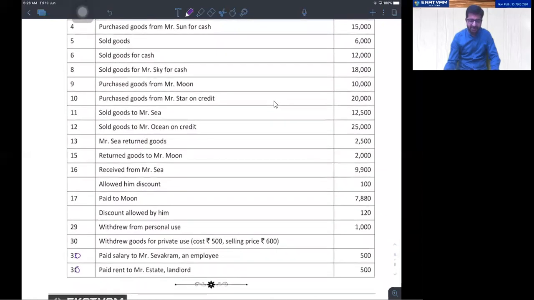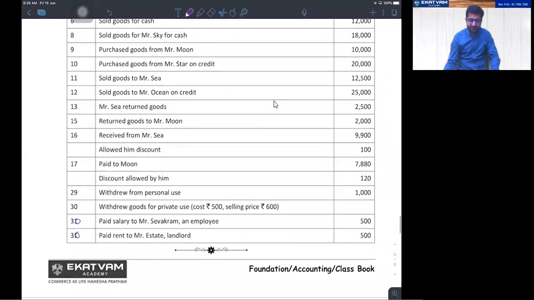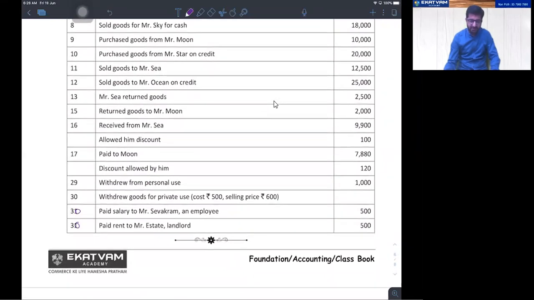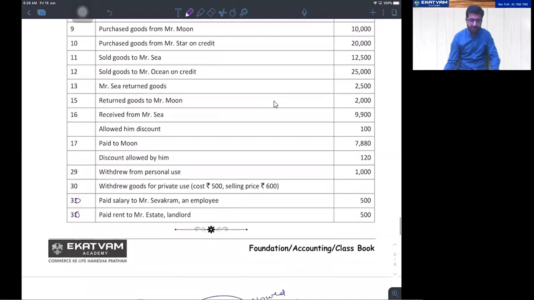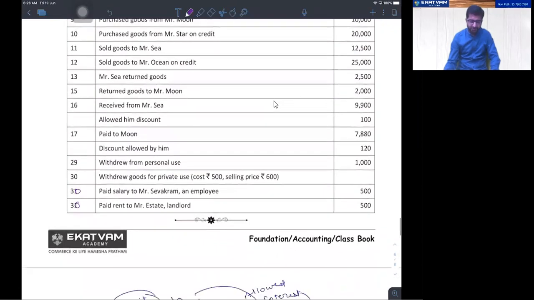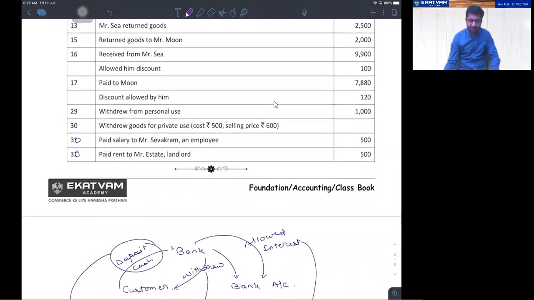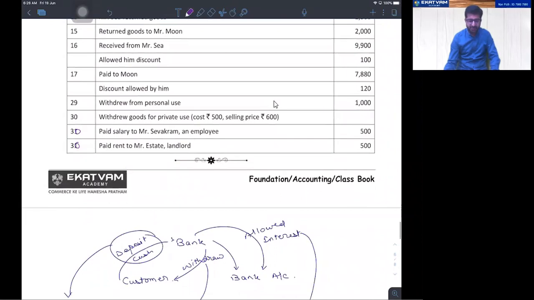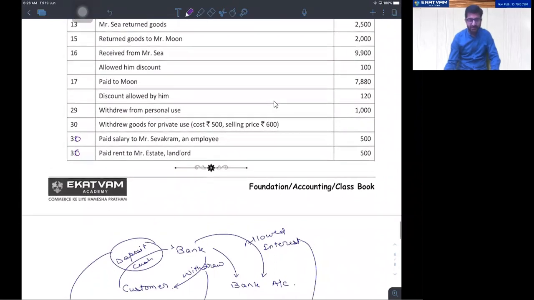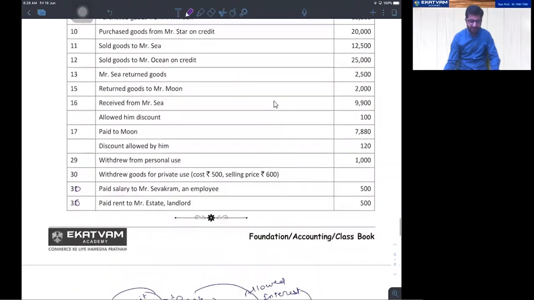Mr. C returned goods to Mr. Moon, received from Mr. C, allowed him a discount, paid to Moon, allowed him a discount allowed by him, withdrew cash for personal use, withdrew goods for private use, paid salary to Sevakram, an employee, paid rent to Mr. Estate, landlord. All right. So these are the various transactions which have been given.